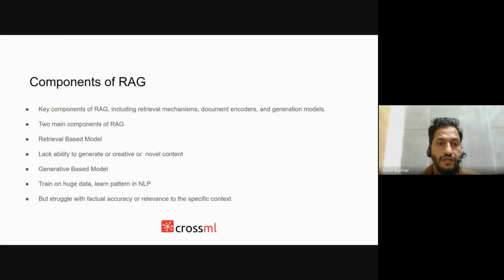In the retrieval based model, there is a lack of ability to generate creative or novel content by the LLM when we give any prompt to it.